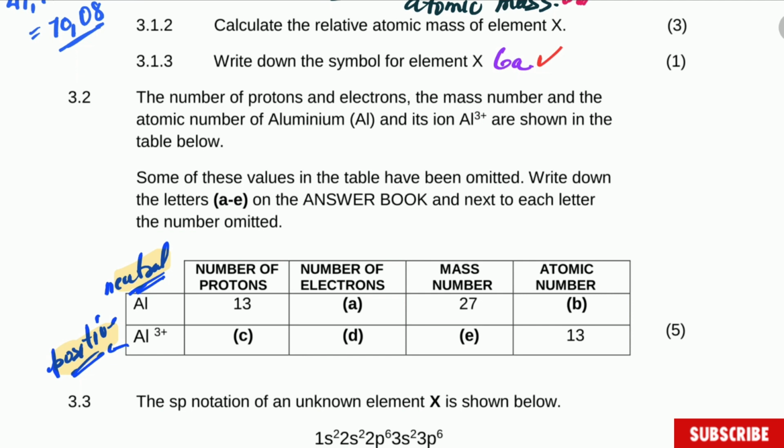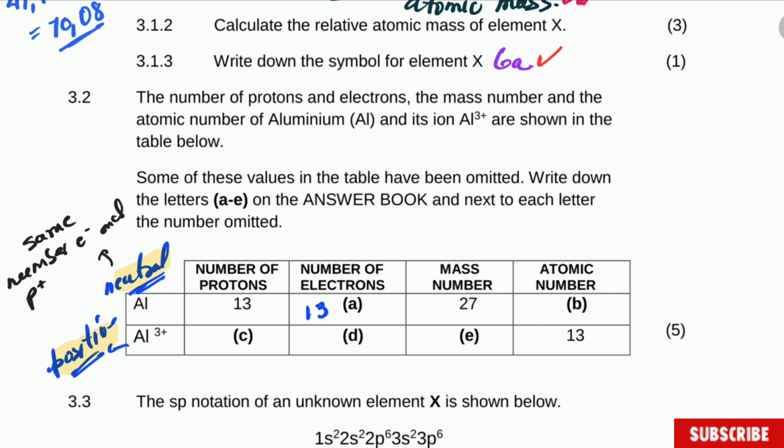Because it is neutral, you need to remember that we'll have the same number of electrons and protons. Because it has the same number of electrons and protons, that means this one will also be 13 electrons.